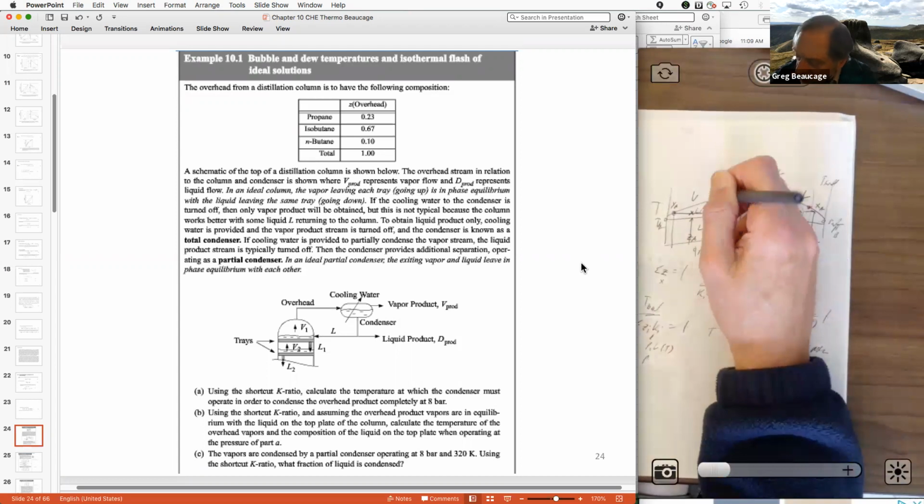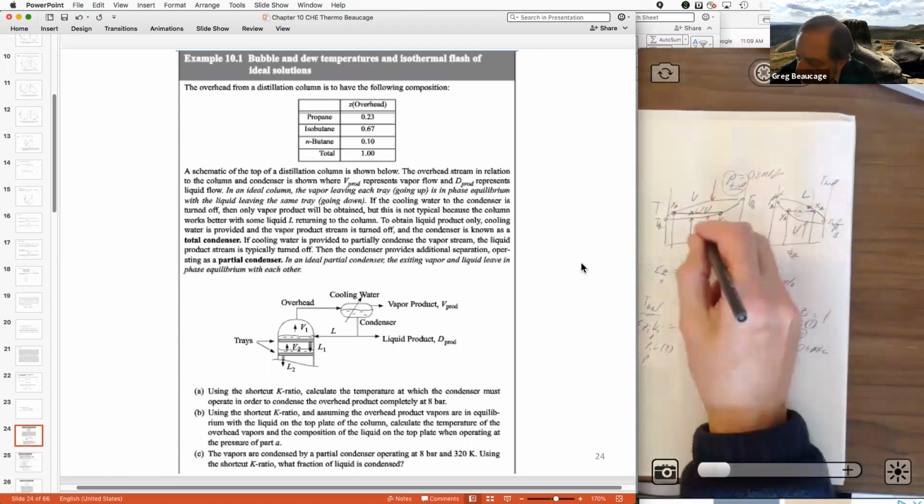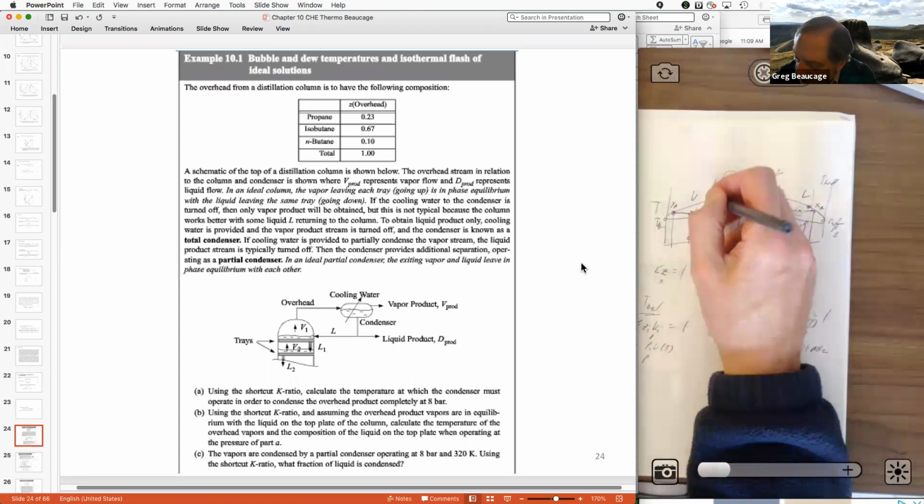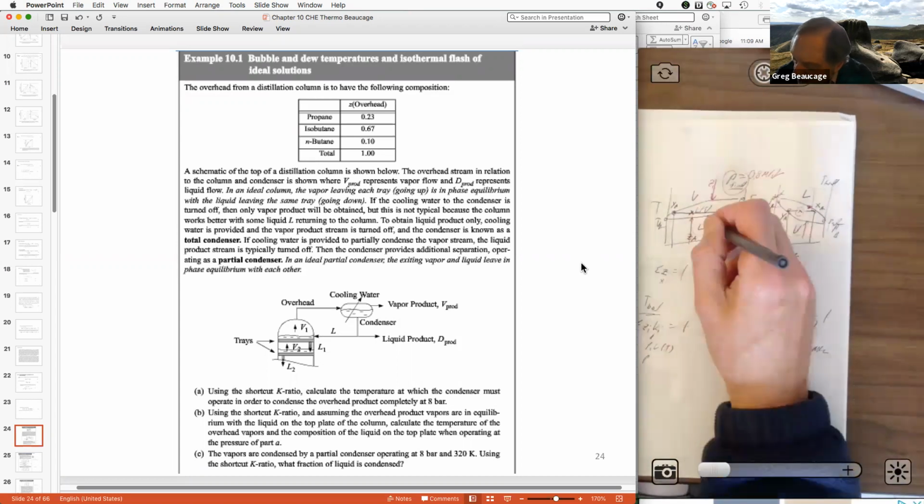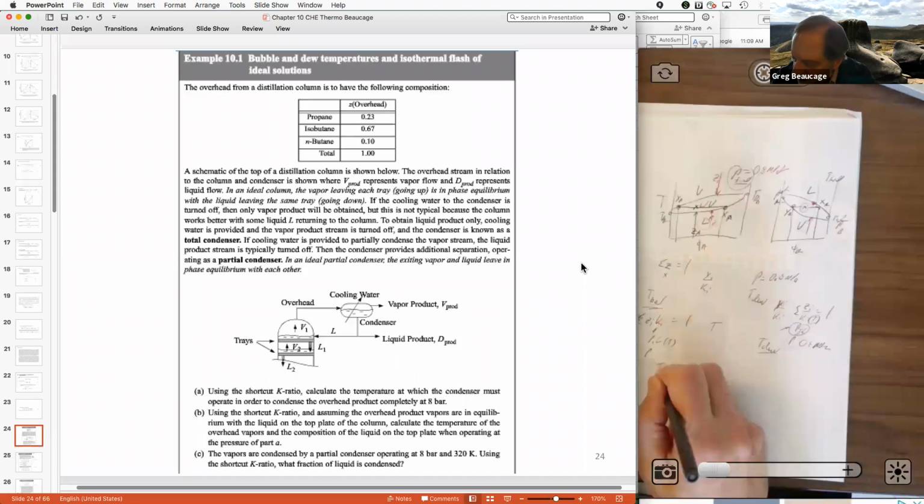That's going to be the same composition as what you came in with, this Zi. But it's got to be just at the point where it's totally liquid, which is the bubble point. So in order to do this, you have to say, what is T bubble? What's the bubble temperature? The boiling temperature.